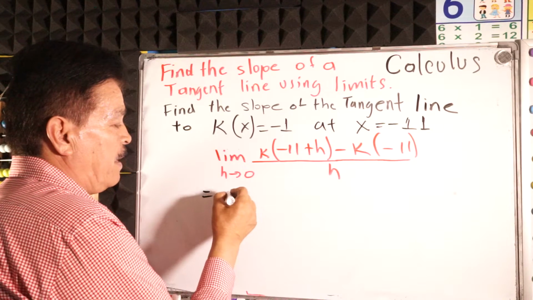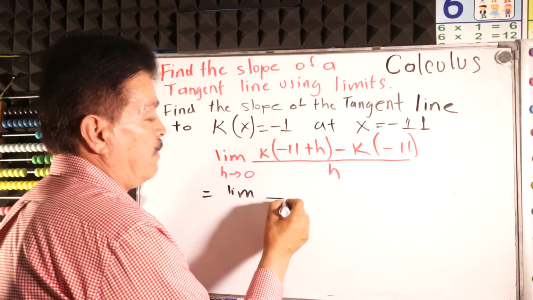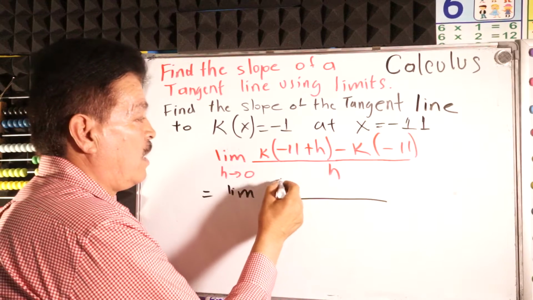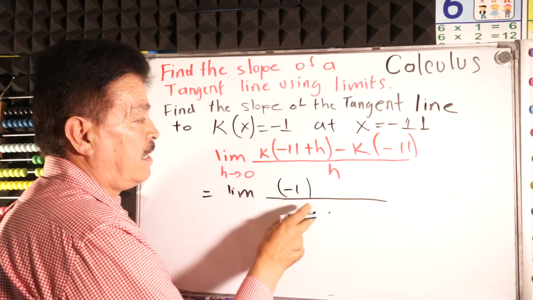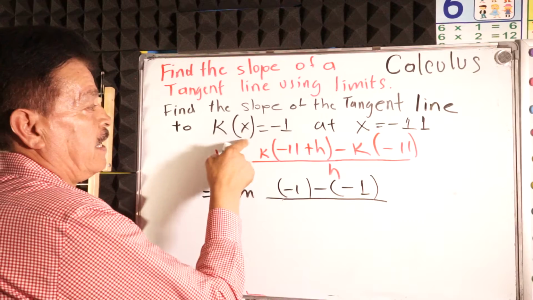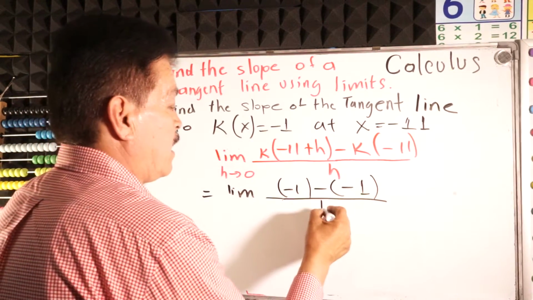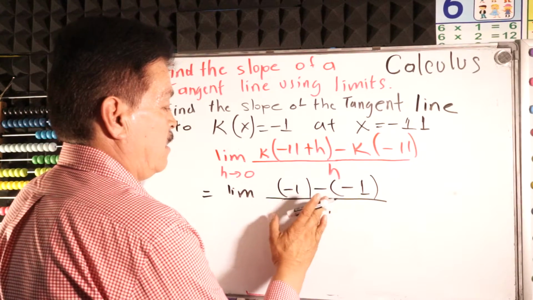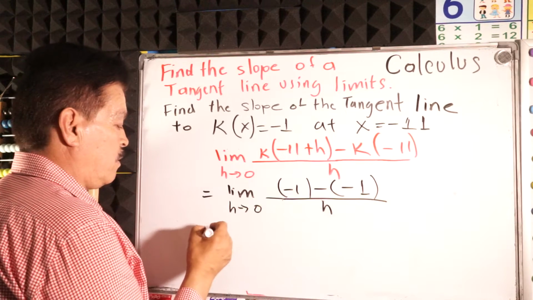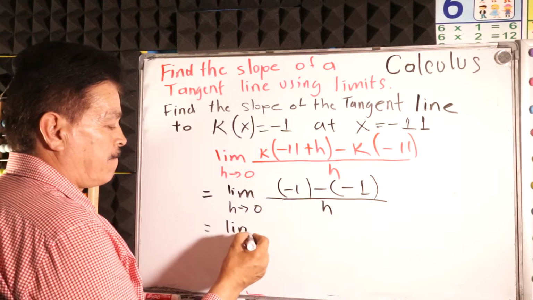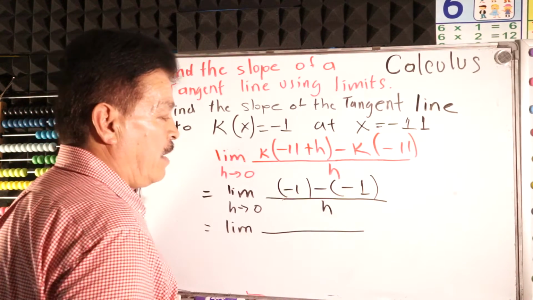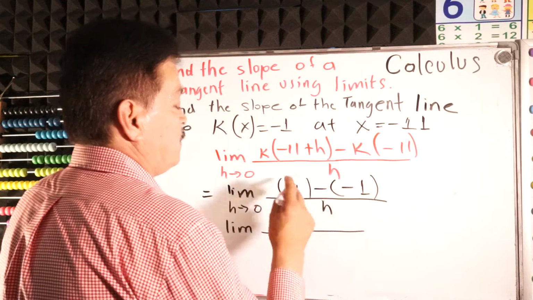This will be the limit of minus the quantity negative 11 plus h, minus negative of negative 11, divided by h, when h approaches 0.